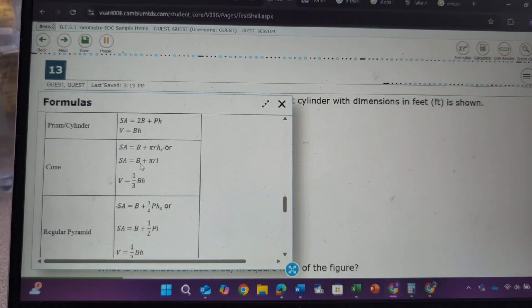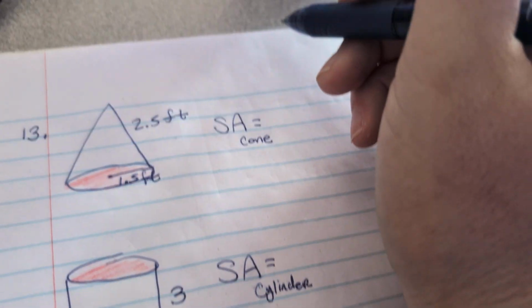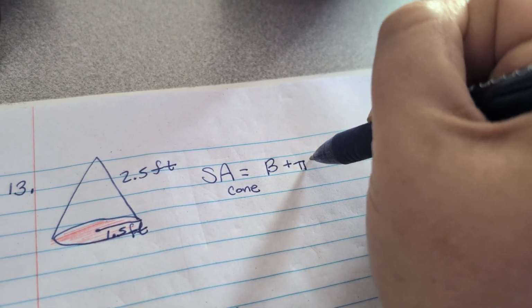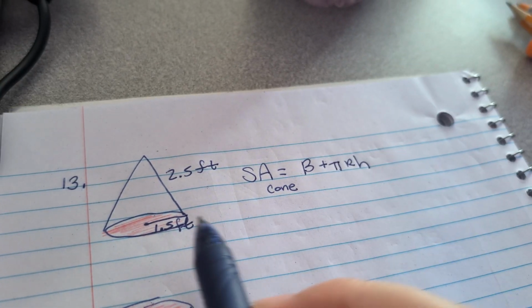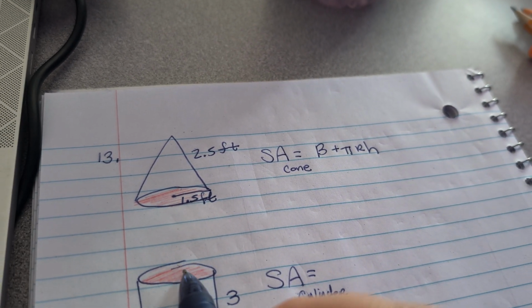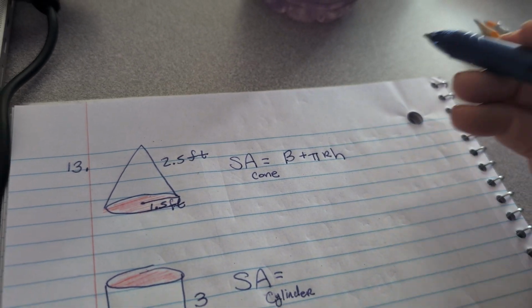So let's write this down. Base plus pi r h. Now, I'm not counting the base. The base itself is going to go right here, and then those wouldn't be part of your overall surface area.